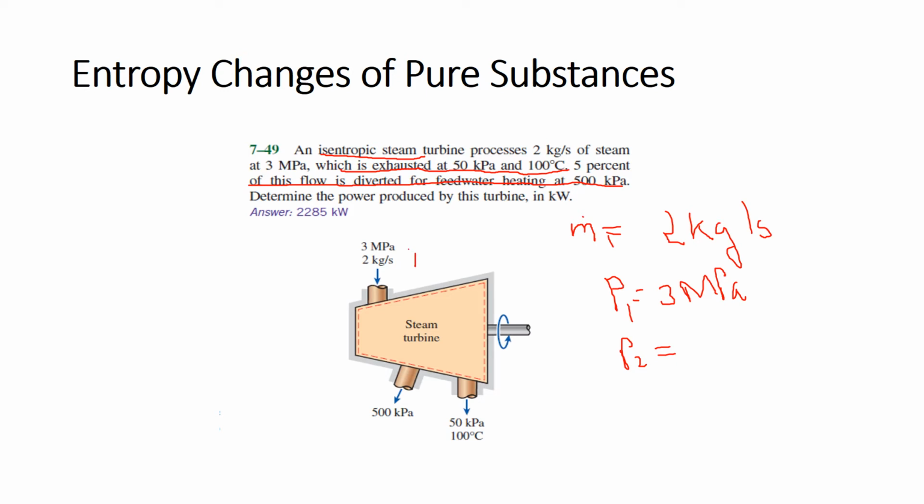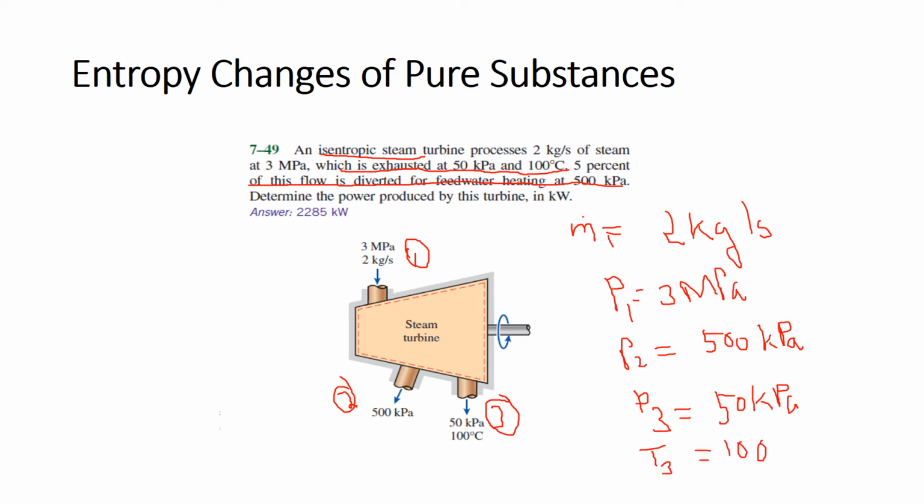I'm considering the system has one inlet and 2 exits, so this is state 1, this is state 2, and P3 and T3 are also given to us. P3 is 50 kilopascal, and T3 is given to be 100 degrees Celsius. Based on this we are going to perform analysis.